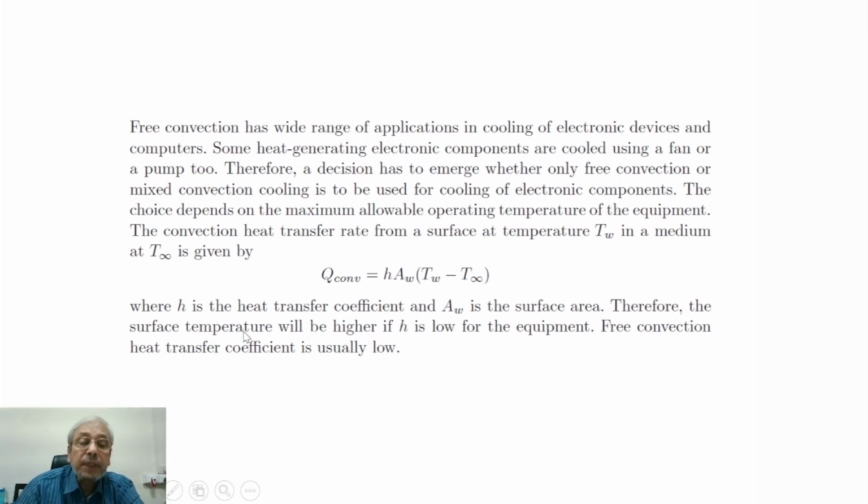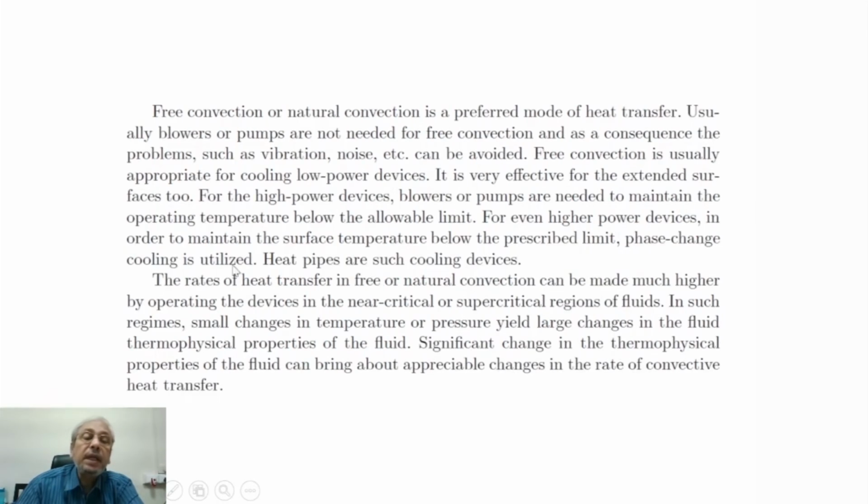Therefore, the surface temperature will be higher if h is low for the equipment. Free convection heat transfer coefficient is usually low. So that is why a decision has to be taken whether it will be augmented by forced flow. Free or natural convection is a preferred mode of heat transfer.